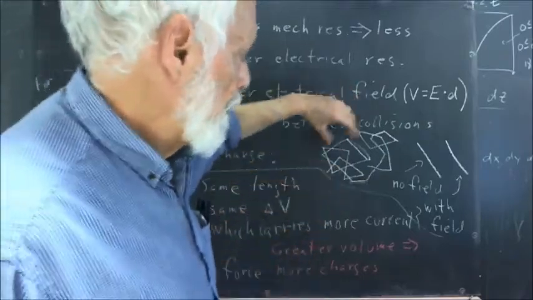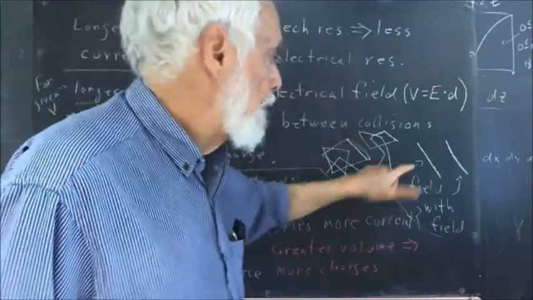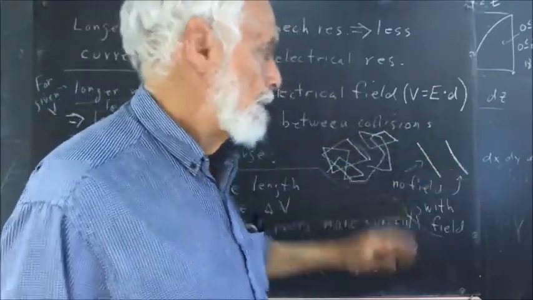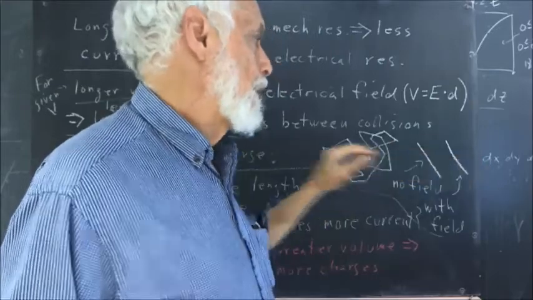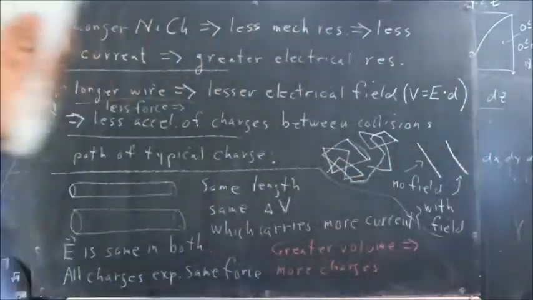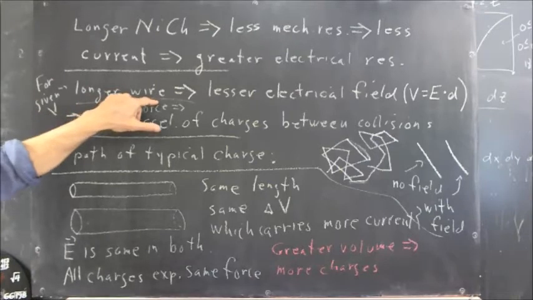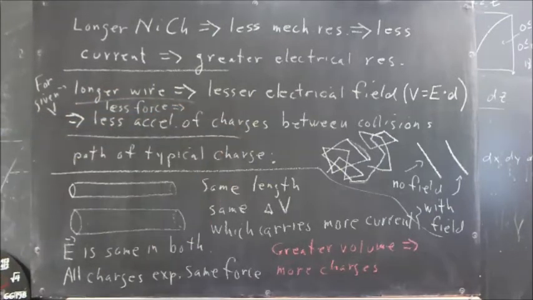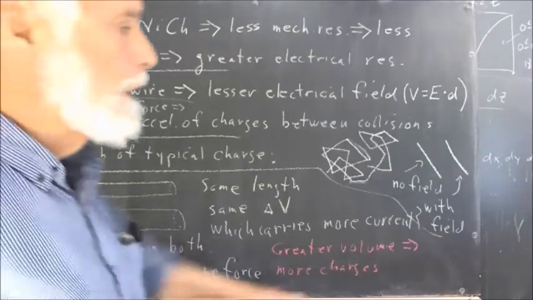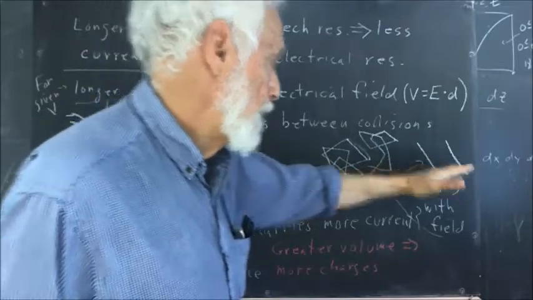They can migrate, they do a random walk, if you know what a random walk is. If there is a field, then you bias that random walk and you have a drift of your electrons with the field, due to the field. So, this is why a longer wire is going to give you a greater resistance to the flow of charge, because if the wire is longer, you have less electric field, so you have less curvature and a slower migration of charge.